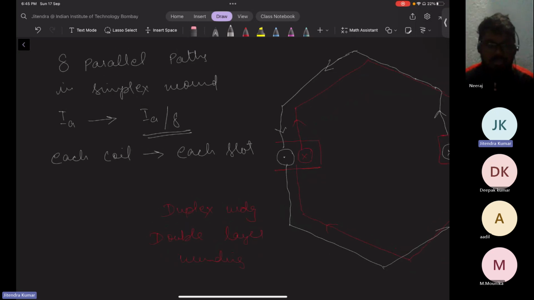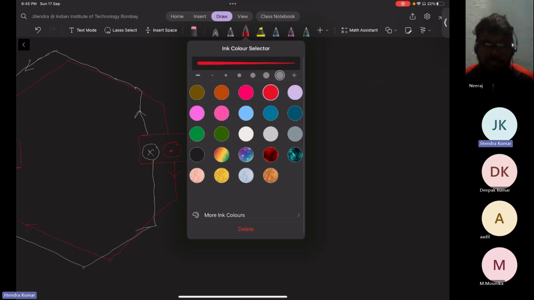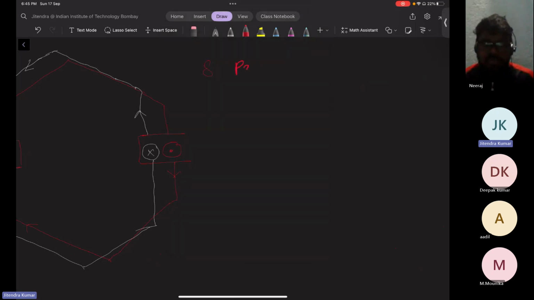Now, again, 8 parallel paths, duplex winding.